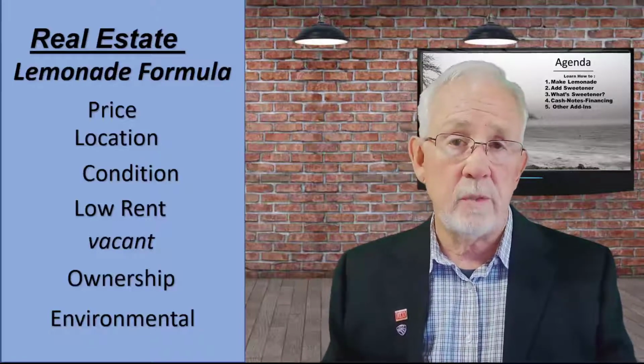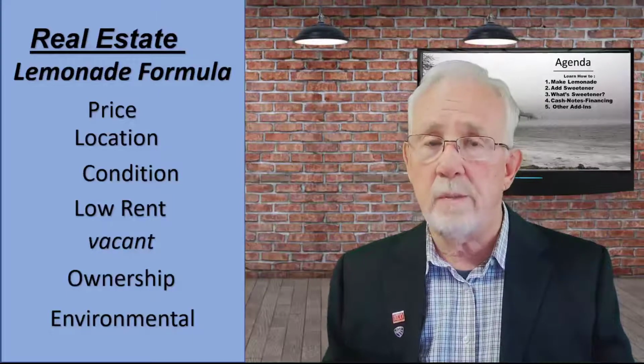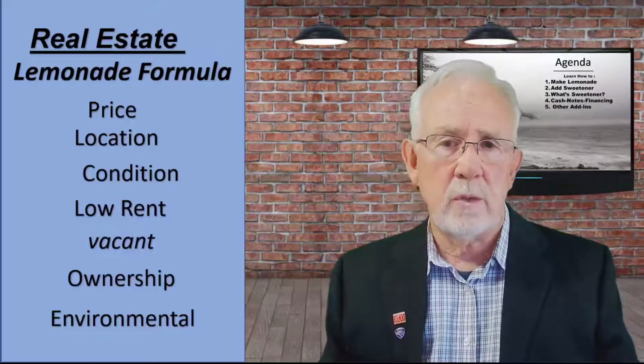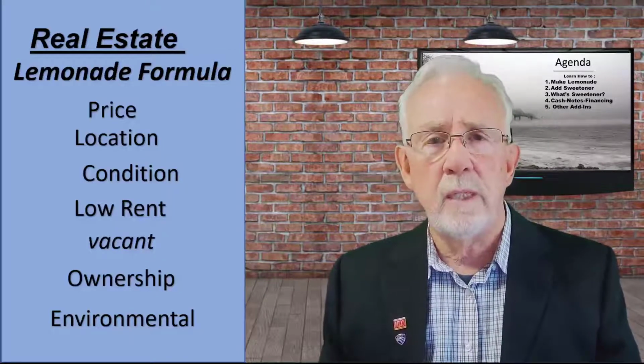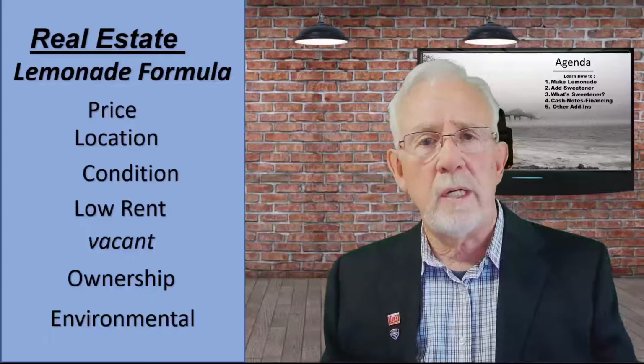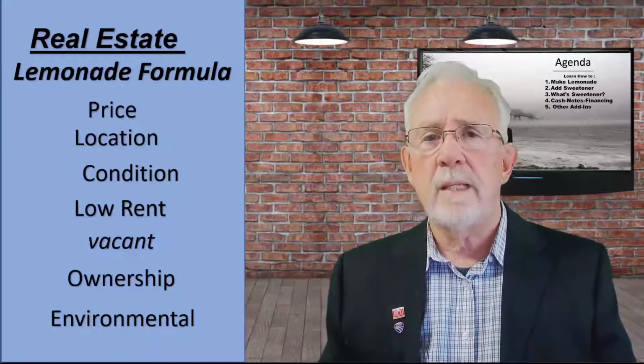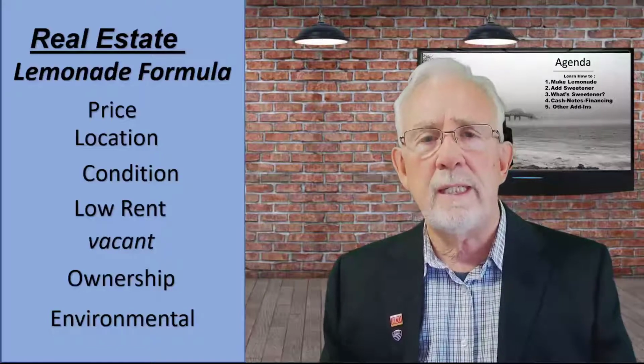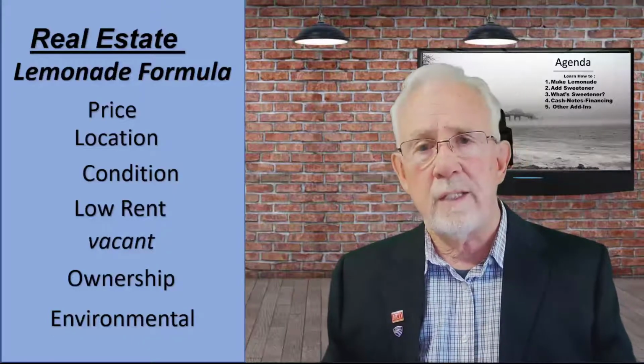Could be the condition of the property. Perhaps it really needs a makeover to be able to meet that price. And of course, as brokers, we know how to find out what the cap rate is, what the rent should be, how to adjust all of that so that you can actually make a profit if you buy this property.